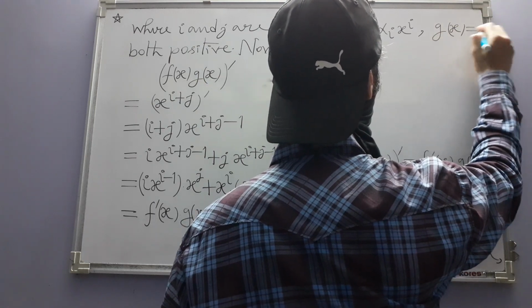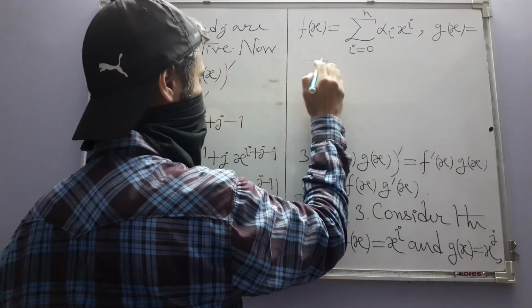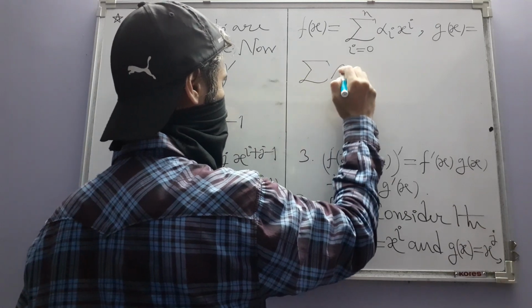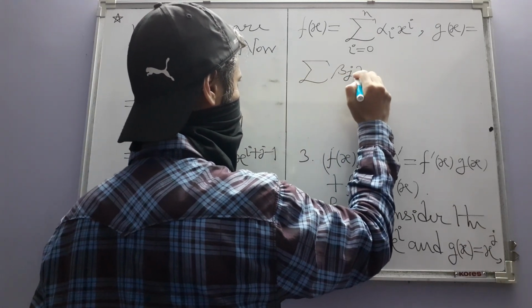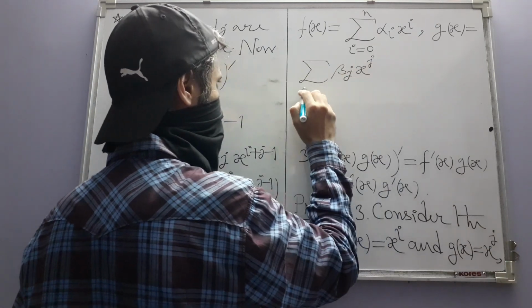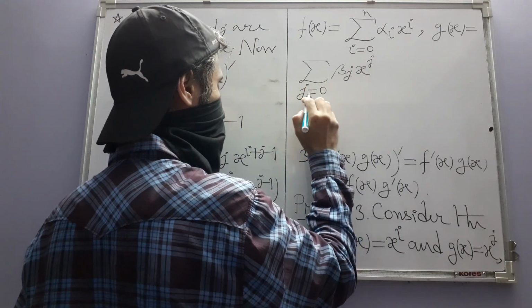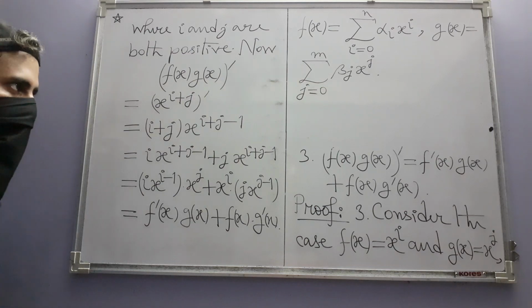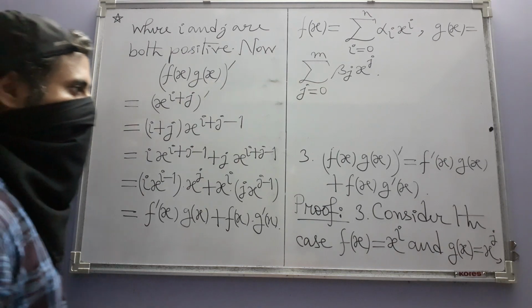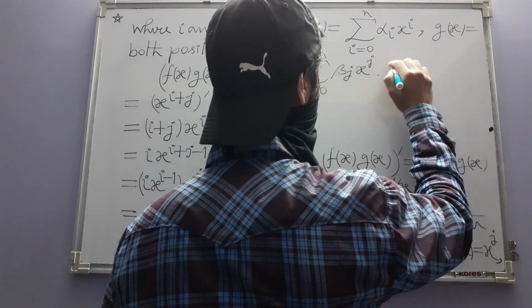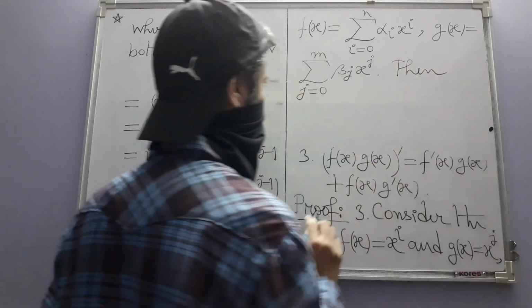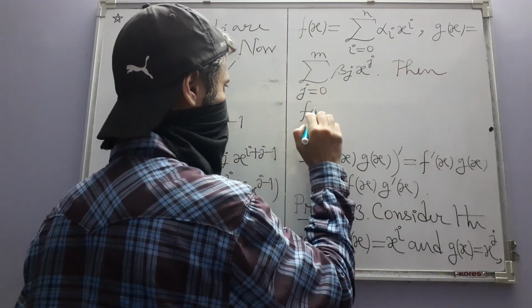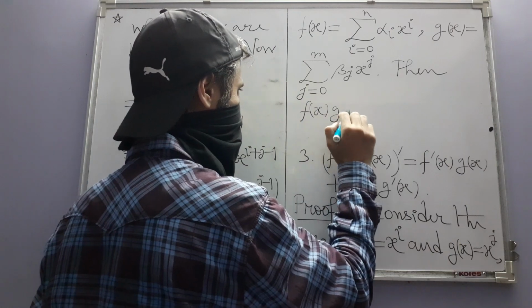and say g is this polynomial, beta j x to the power j, where j varies from 0 to m, where m is also some non-negative integer. Then what is f of x times g of x?